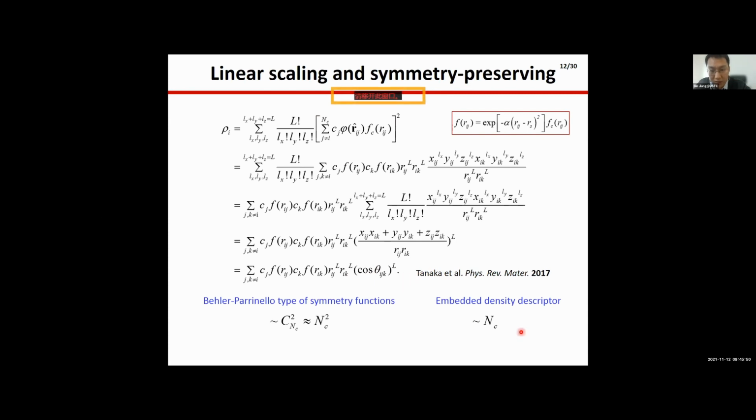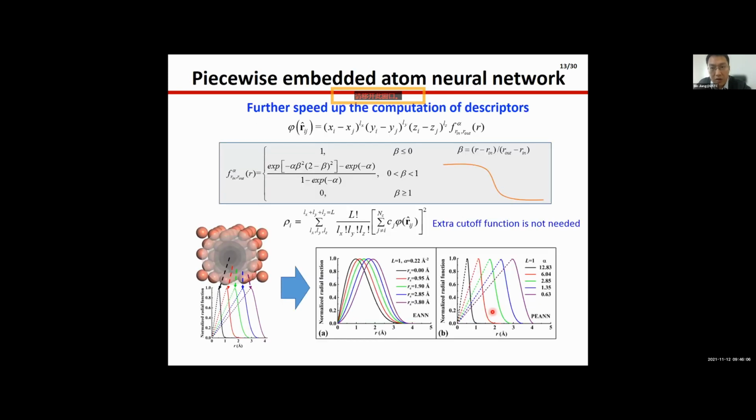This embedded density descriptor is also much faster than the original Behler-Parrinello type symmetry functions, because now we have linear scaling with respect to the neighbor atoms. You can also choose other types of orbitals as the atomic orbital to construct the density descriptor. For example, if you choose the switching function, then you no longer need a cutoff function to truncate the interaction. Then you will further speed up the computation of the descriptors.